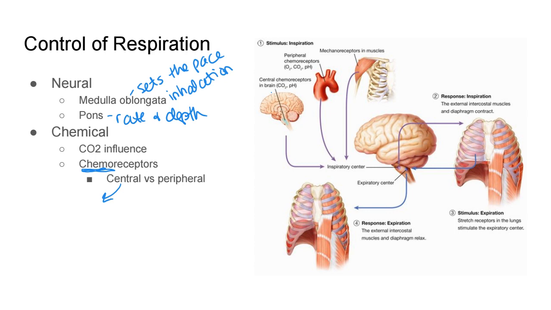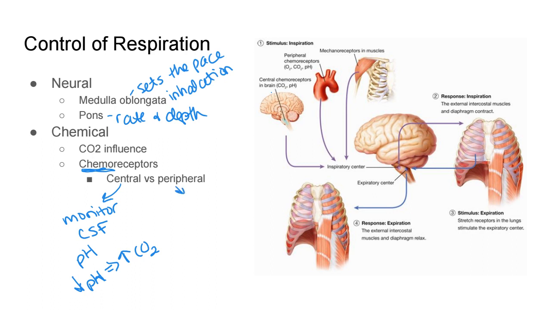Central ones are monitoring our CSF, remember our cerebrospinal fluid. So those central chemoreceptors are monitoring that cerebrospinal fluid, and they're monitoring pH levels that are there, acid-base levels. And if we have a decrease in pH, what that means is we have an increase in CO2 that may need to be taken care of.